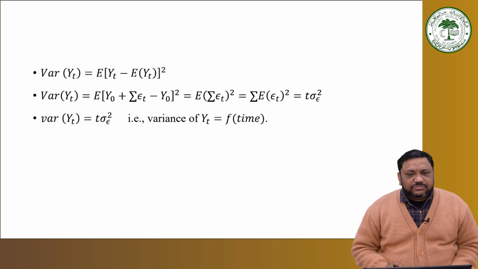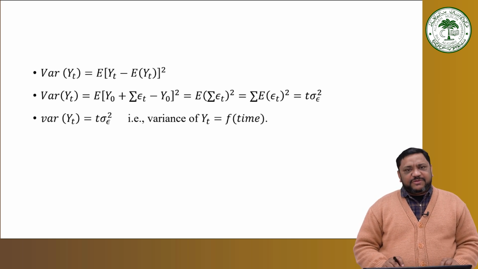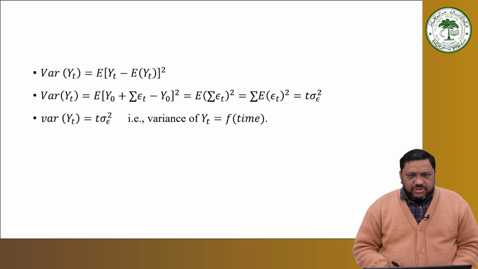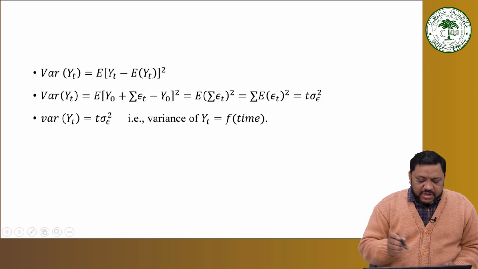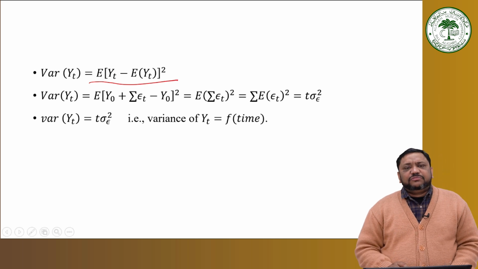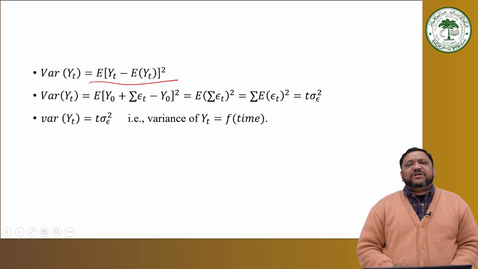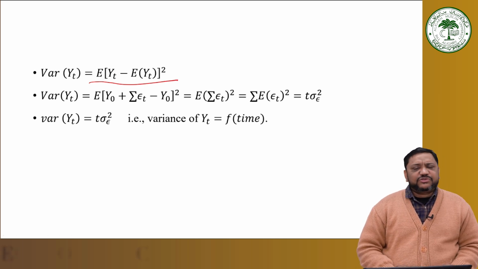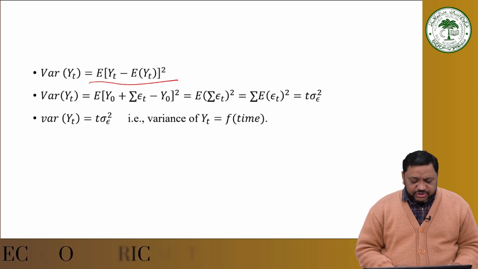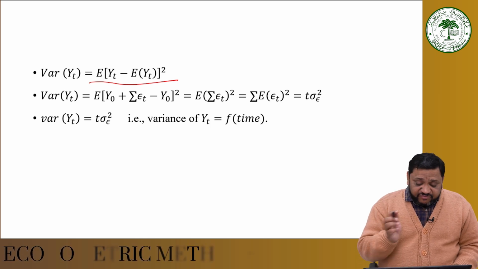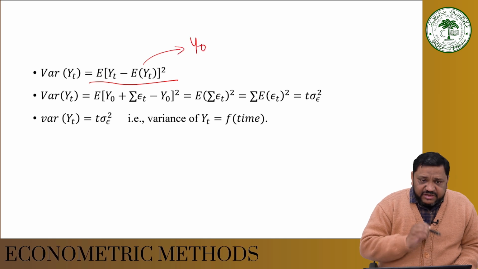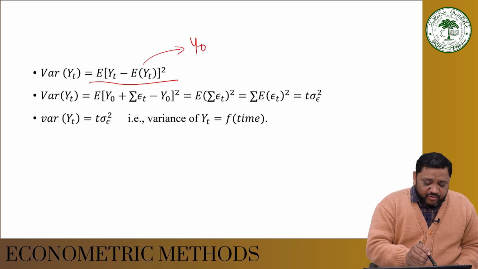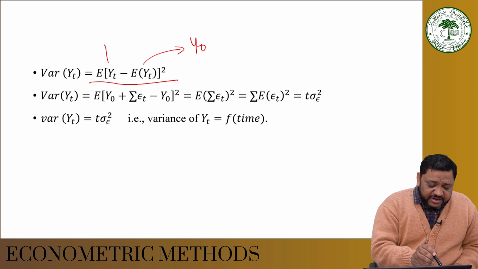Now we go to the variance. The formula for variance is the expected value of yt minus expected value of yt, the whole square of it. We have just seen that the expected value of yt is nothing but y0, and yt is equal to y0 plus summation epsilon t.